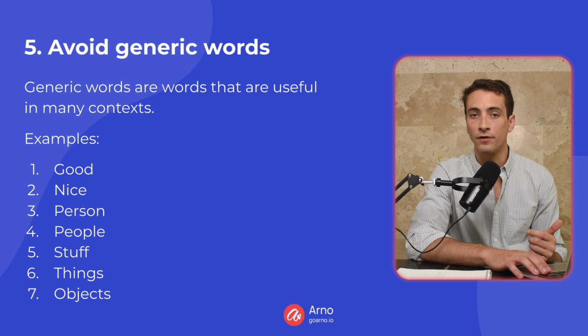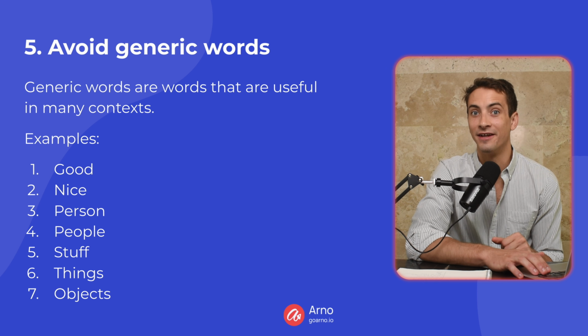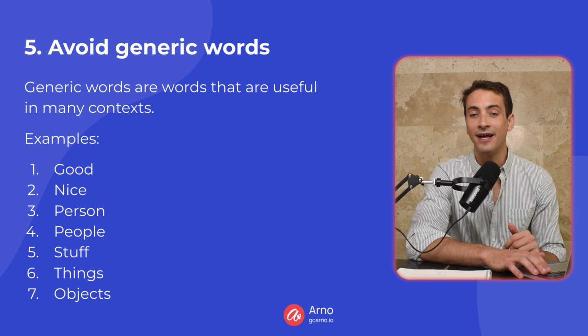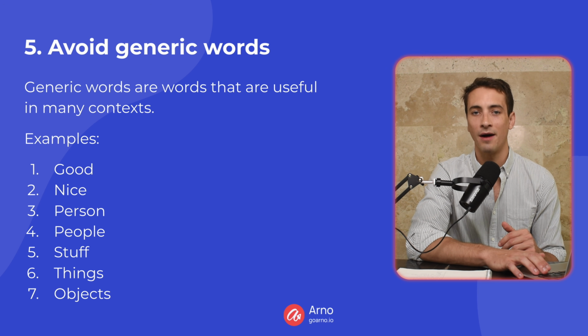These are all words that we tend to use, especially when describing photos, because there's usually always people in an image. And there's usually something that's good or nice, and there's always stuff or things or objects.